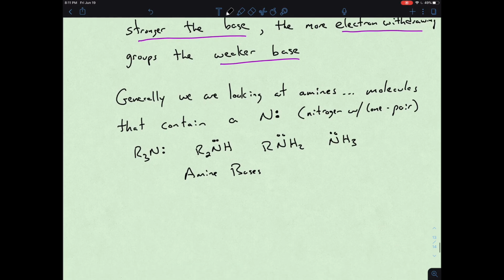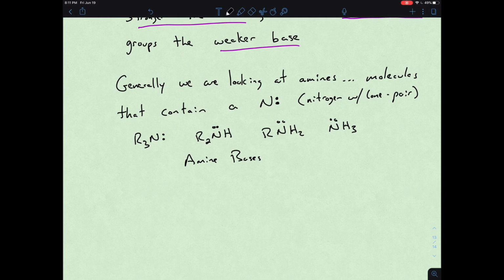And we find the same kind of idea with position and electronegativity, which is the exact opposite. If we look at, for instance, trichloroamine, and we're looking for the strongest base here, where all we're doing is changing how many chlorines are on the molecule.